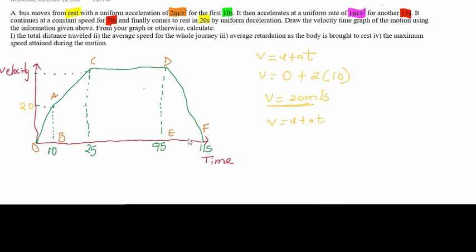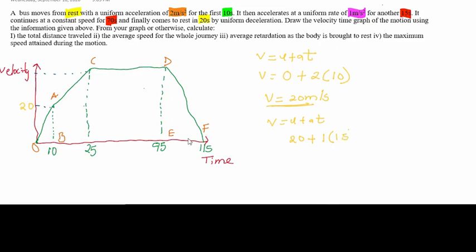But in this case, because it's traveling from point A to point C, the initial velocity will be 20 meters per second, plus the acceleration it's using to travel from point A to point C, which is 1 meter per second square, and the time it took, which is 15 seconds.